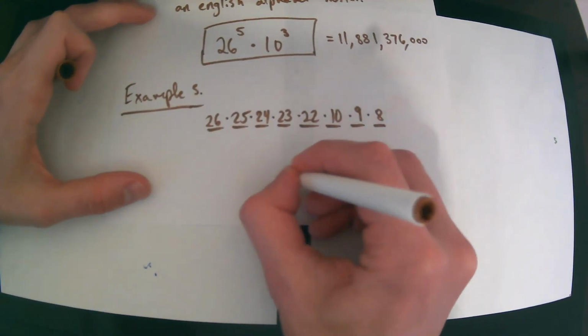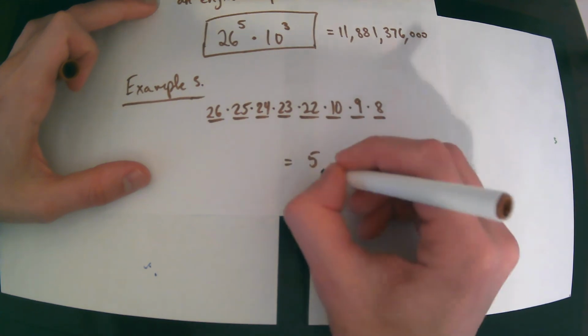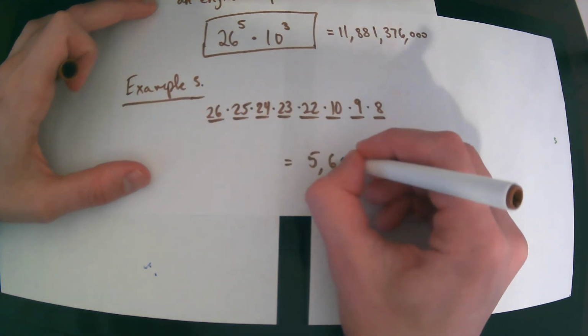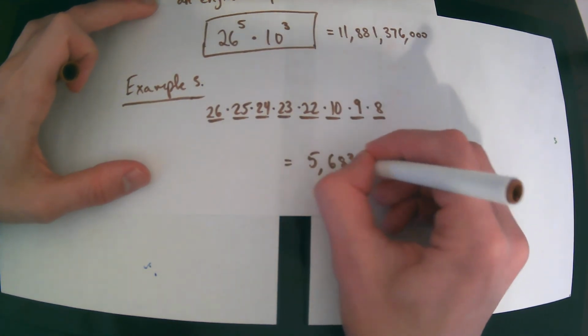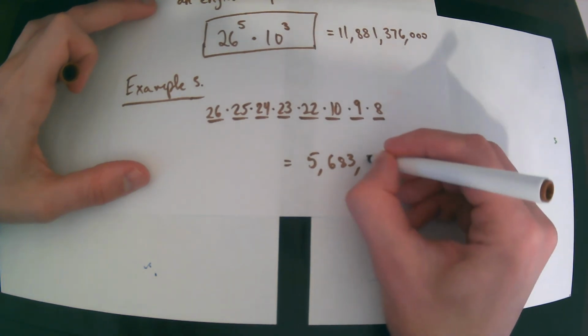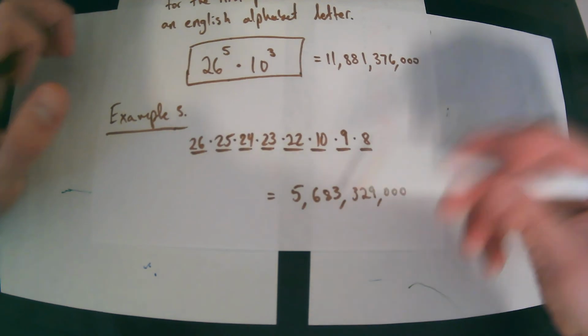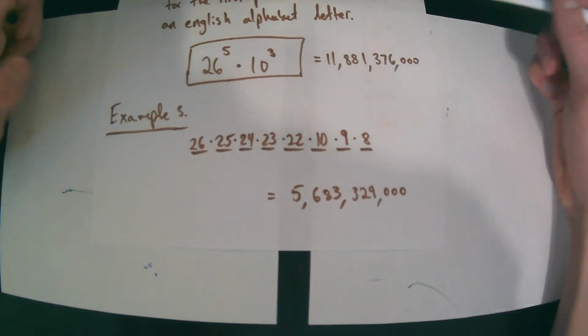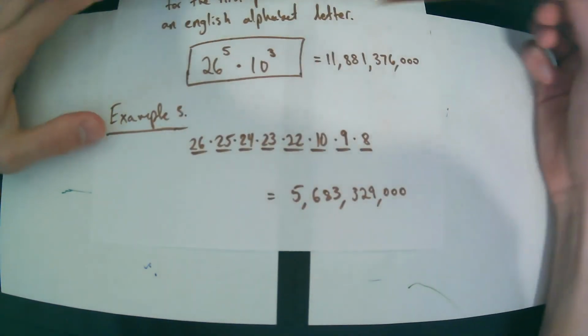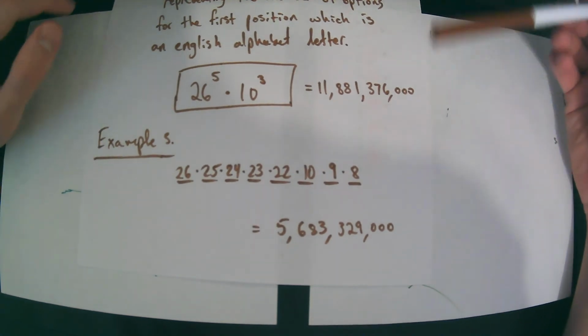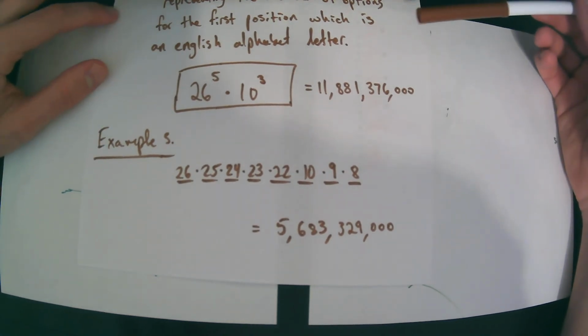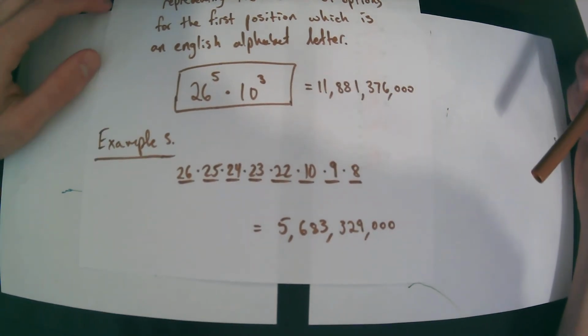It's 5,683,392,000. So half, roughly. So just by saying I don't want any repetition in my password, I cut the number of passwords down by half.